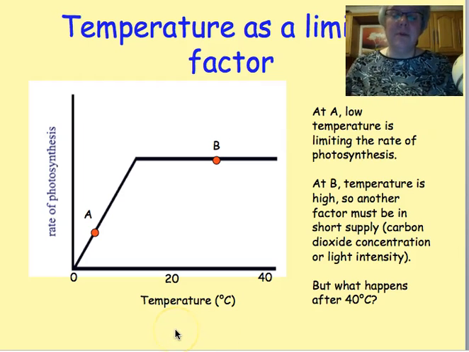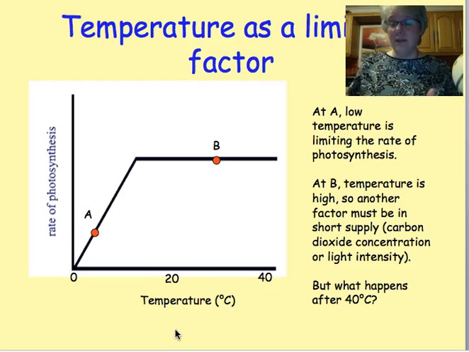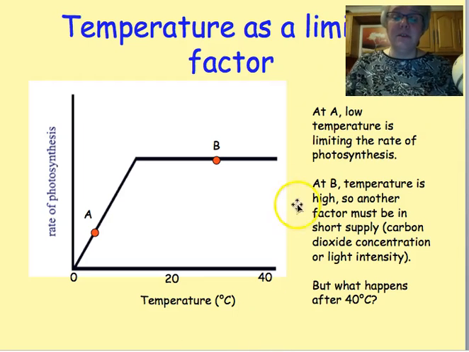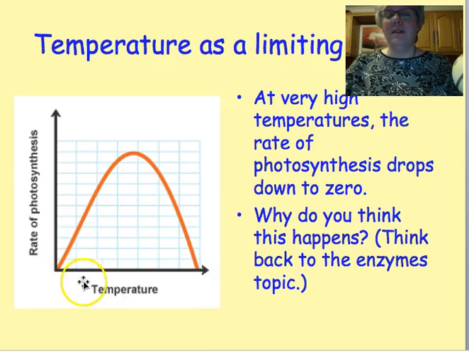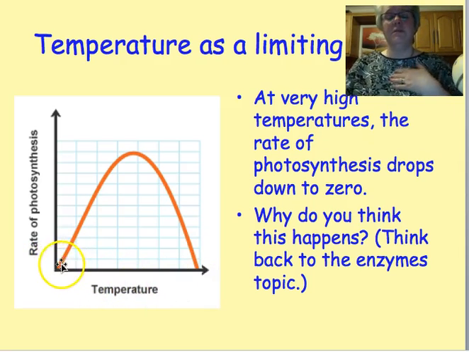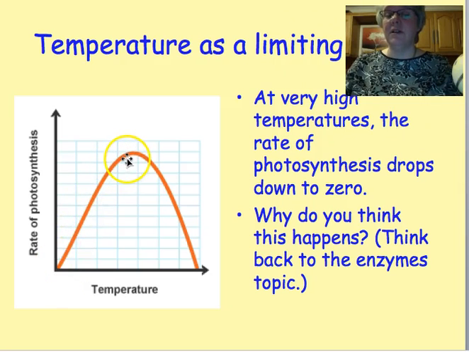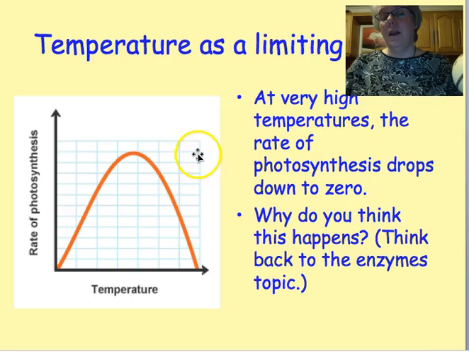There's a little bit extra that I'm going to say, in case a graph comes up that looks slightly different from this one, that is to do with temperature. And that is based on what happens after 40 degrees Celsius. What you have to remember is that photosynthesis is dependent on enzymes. So sometimes you might see a graph like this, where as the temperature is increased, the rate of photosynthesis does increase, but you don't get this levelling off.